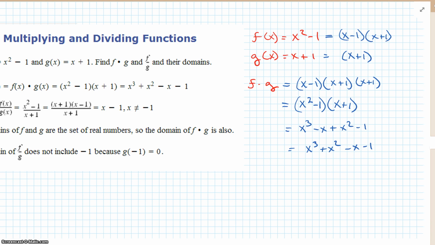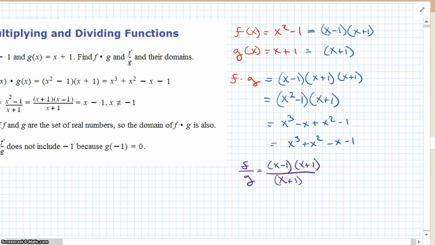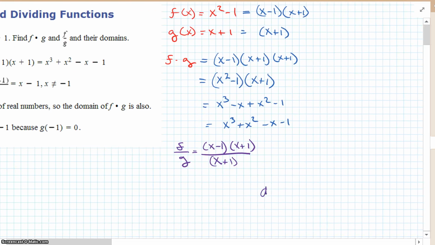Now let's divide them. So I've got f over g. Well, our f value, again, we simplified to x minus 1 times x plus 1. Our g value is x plus 1. Okay, so remember, since I have a fraction, for my domain, g of x cannot equal 0.